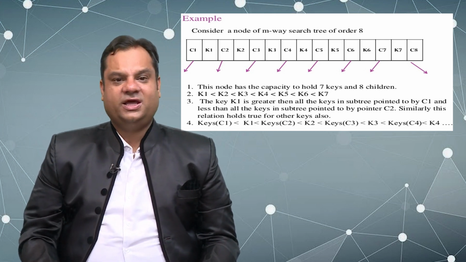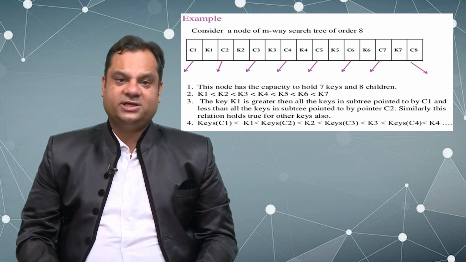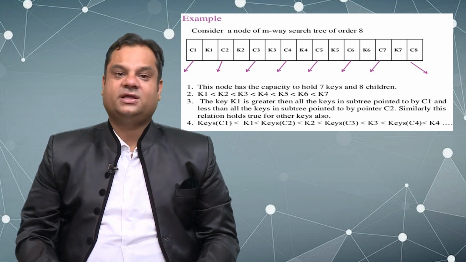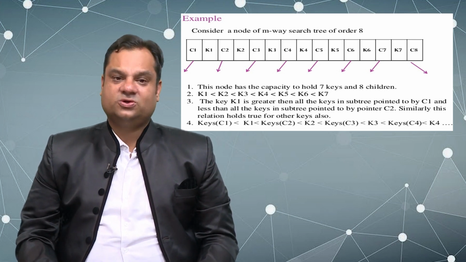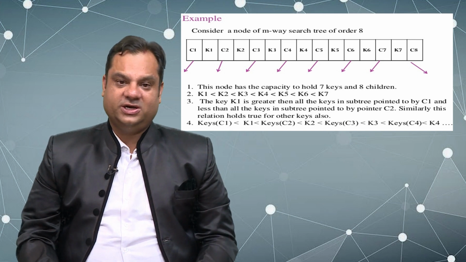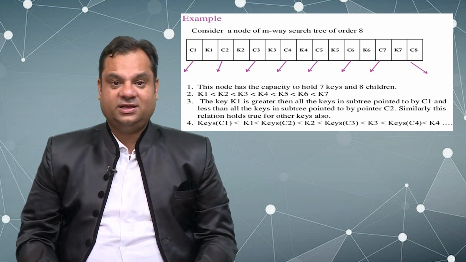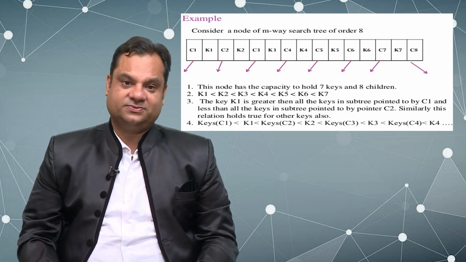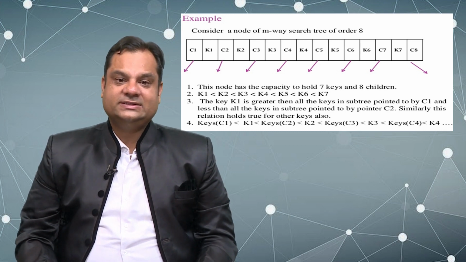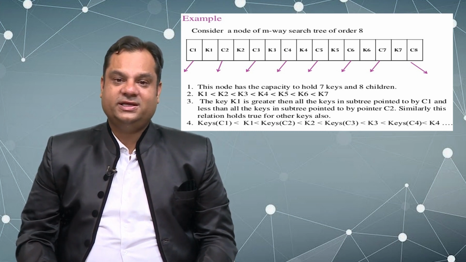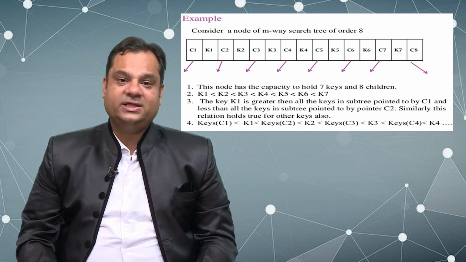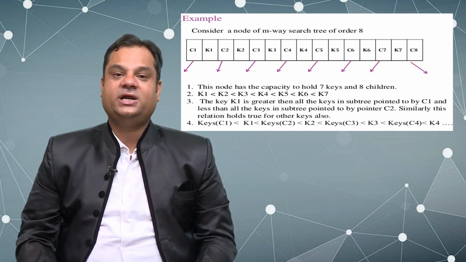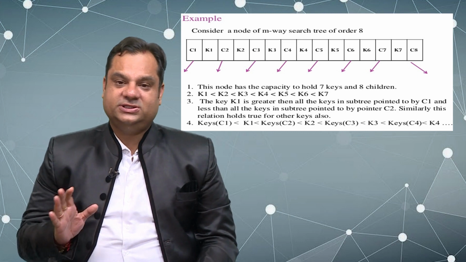Again, talking about the keys, or we can say parents, K1 is less than K2. Suppose we fix any item, so K1 should be less than K2, K2 should be less than K3, and so on up to K7. The key K1 is greater than all the keys in the subtrees pointed to by C1 and less than all the keys in the subtree pointed to by C2.